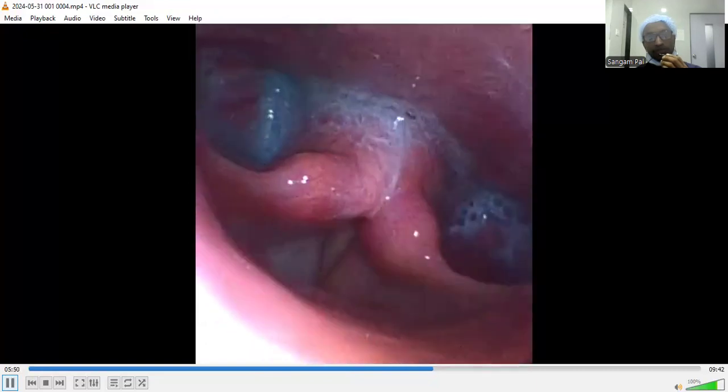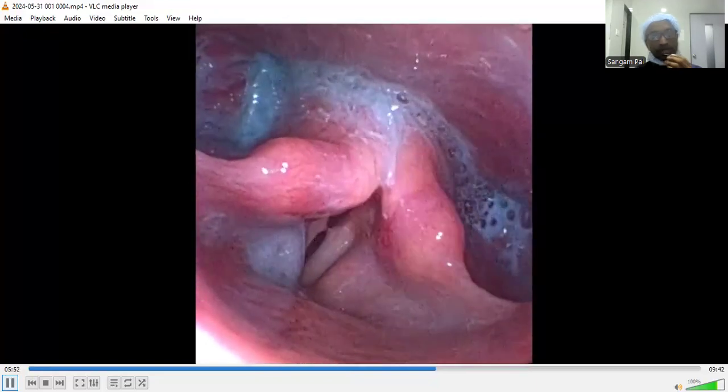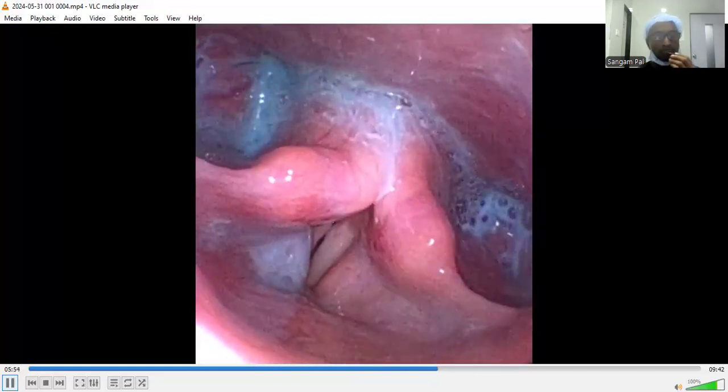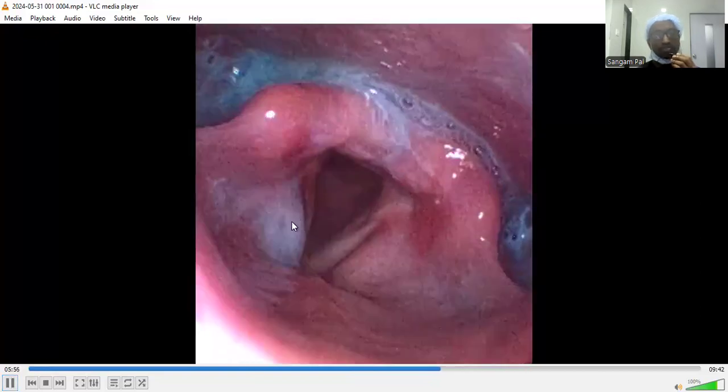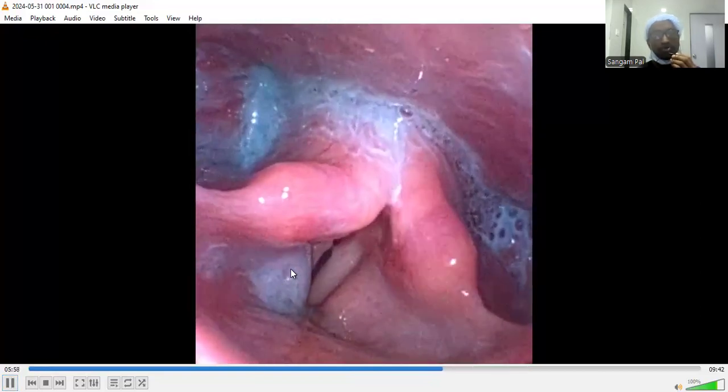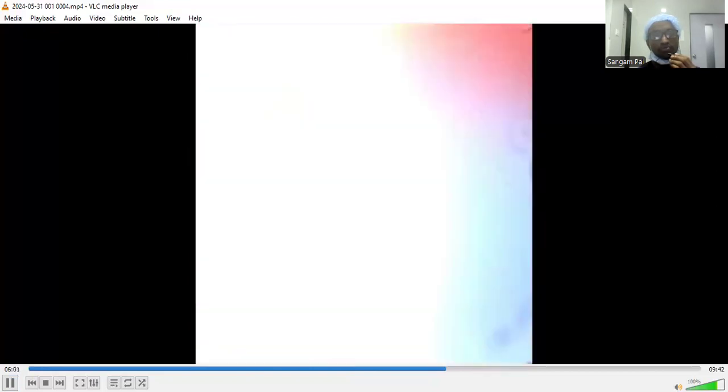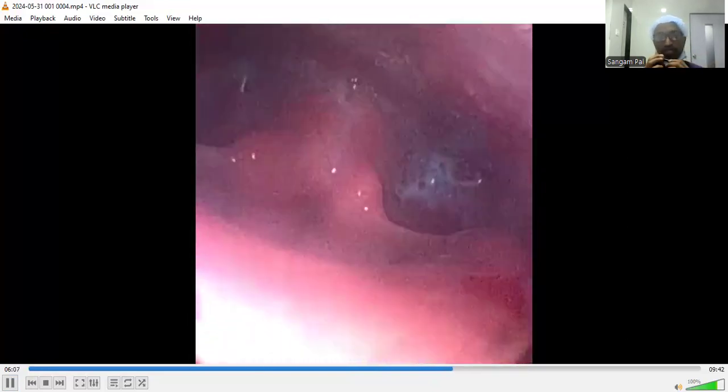He will cough it out and it will come out. See, a little bit of liquid is there on the vocal cord. So the liquid has gone above the vocal cord. So he just brought it out, and next swallow it has gone. It has cleared. So he is not aspirating. He is able to swallow that.